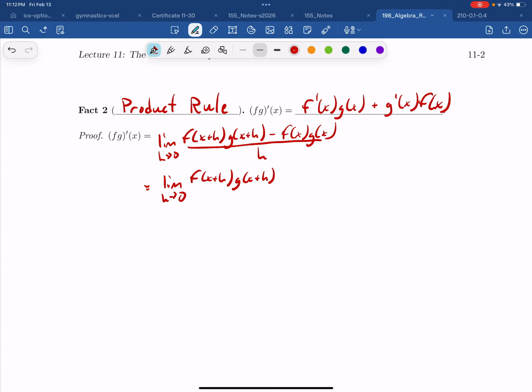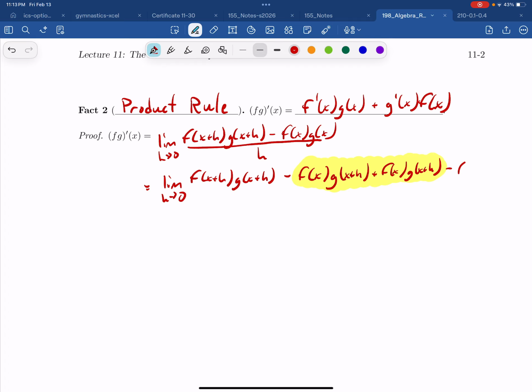So what we're going to do is subtract f of x g of x plus h, plus f of x g of x plus h. Just going to highlight this right here. You see how this right here is 0?